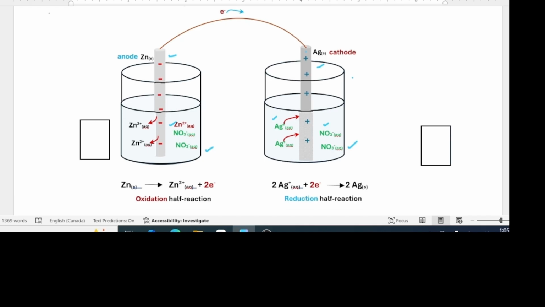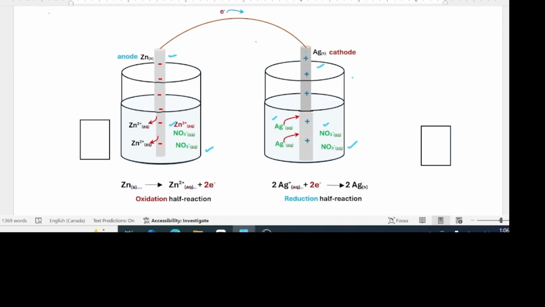To know how electrons will flow from one half cell to the next, we have to determine which of the two electrodes, zinc or silver, is a stronger reducing agent, and which of the two sets of cations, zinc ions or silver ions, is a stronger oxidizing agent. From a table of data, zinc is found to be a stronger reducing agent than silver.